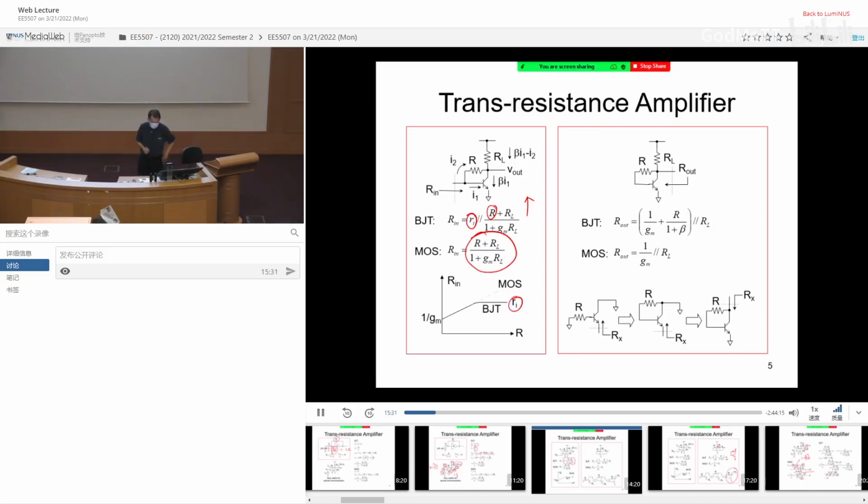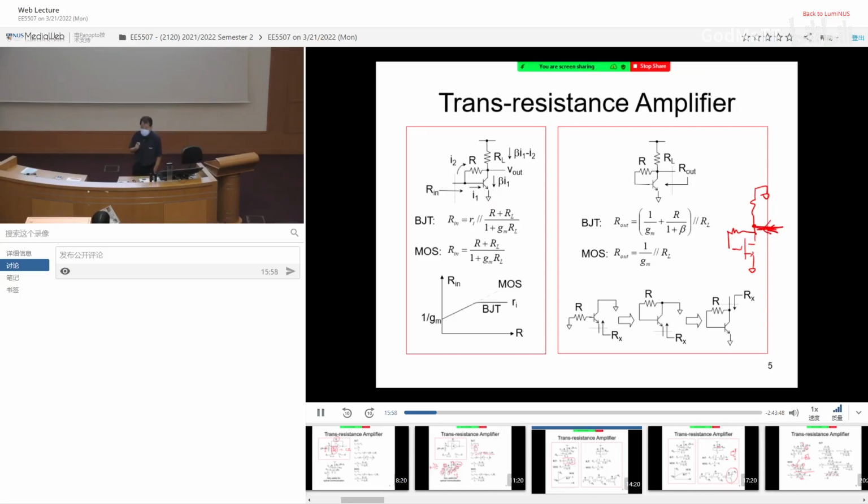How about output resistance? Output resistance for MOSFET is actually quite easy. So we just look at the MOSFET first. This is the output resistance. Now if you look at this guy, let's draw the wire slightly higher up.